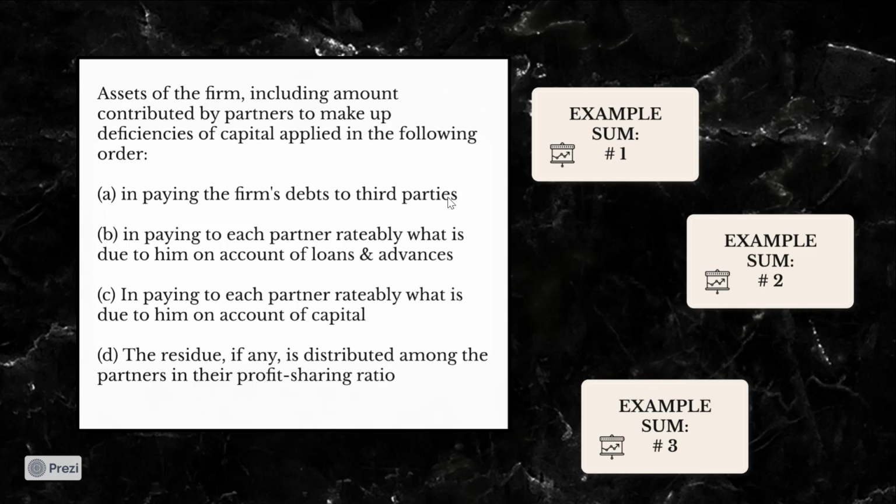First, in paying off the firm's debts to third parties, and then in paying to each partner ratably what is due to him on account of loans and advances. Thirdly, in paying to each partner ratably what is due to him on account of capital. And finally, in case there is a residue, it is to be distributed among the partners in their profit sharing ratio.